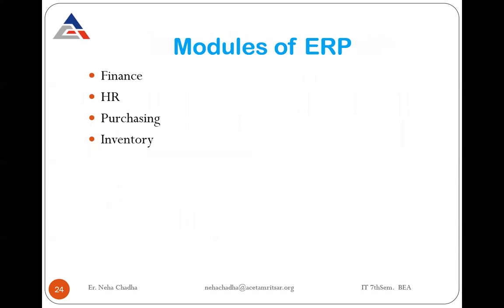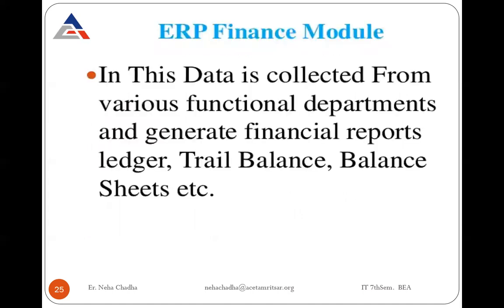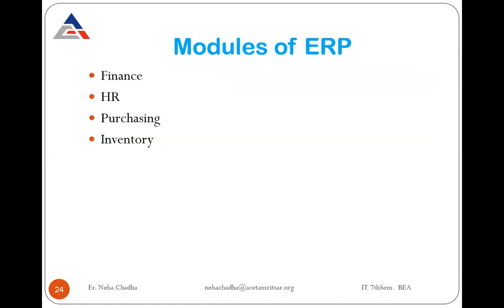Then the modules of ERP. Here come the various modules of ERP: finance, HR, purchasing, inventory. First comes the finance module. In this, data is collected from various functional departments to generate financial reports, ledgers, trial balance, balance sheets, etc. It is not mandatory that if I have written 4 modules here, there are only 4 modules.